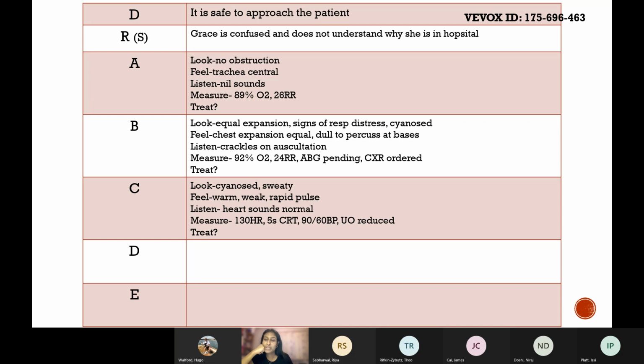Are you worried about any of those measurements? Okay, so the heart rate is above 100.